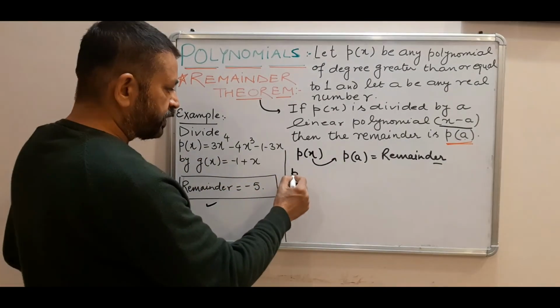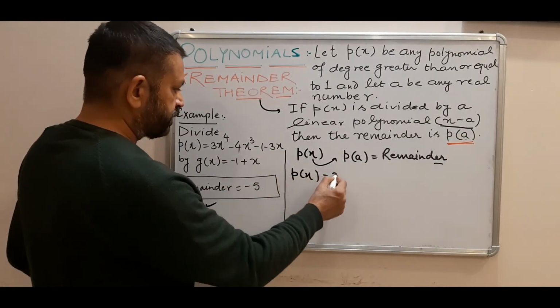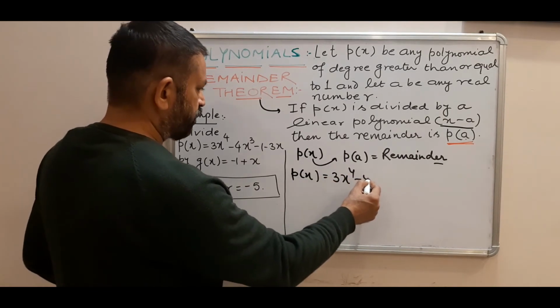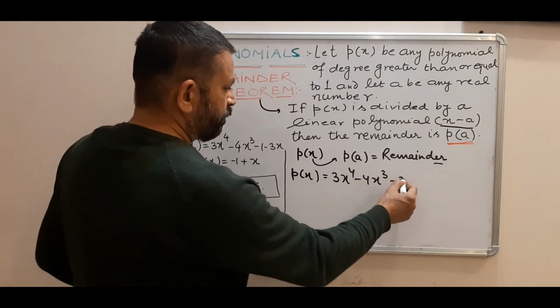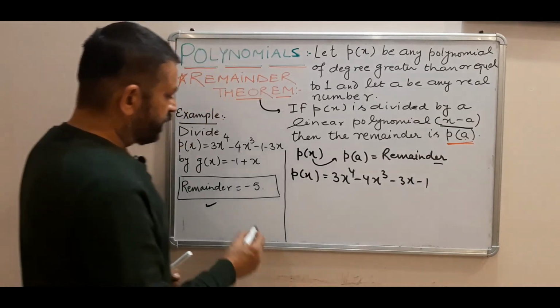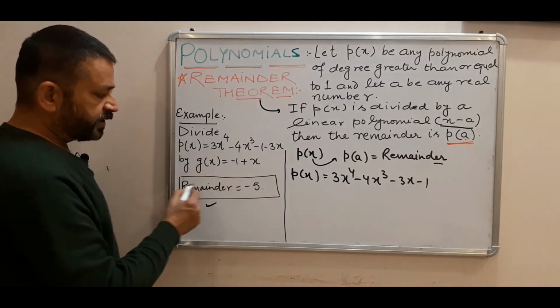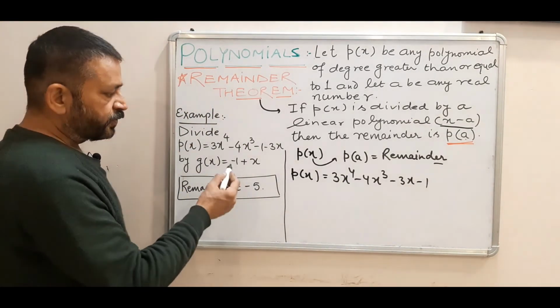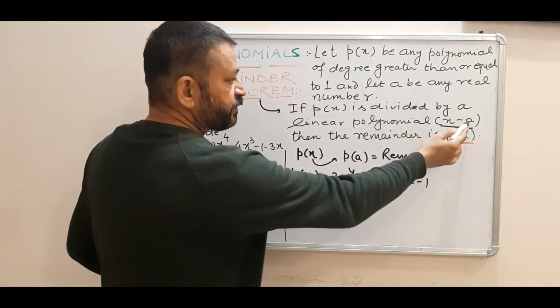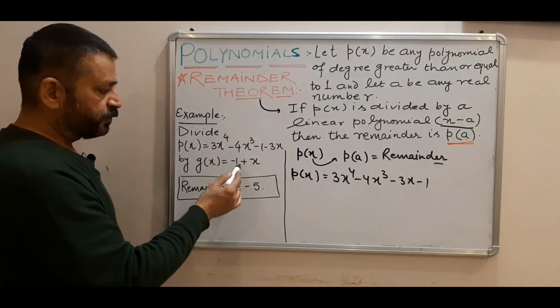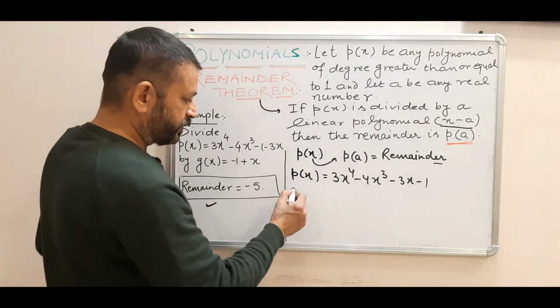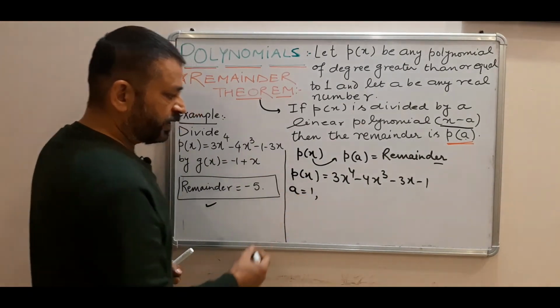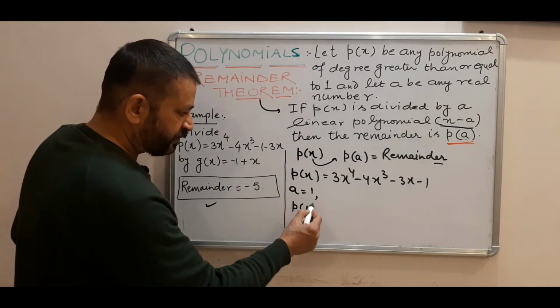So in this case my Px is 3x4 minus 4x cube minus 3x minus 1, and I'm dividing by this Gx, that is x minus 1. So if we compare with the statement x minus a, and here we have x minus 1, so my a is 1. In this case a is 1, so we'll find P1.